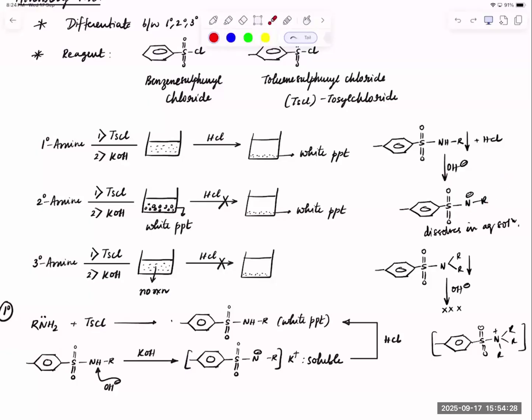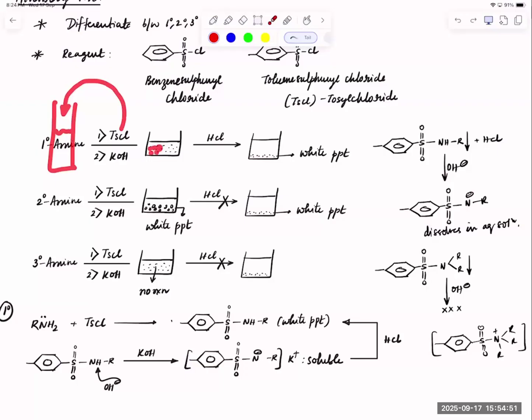And if you take this dissolved form, if you take this dissolved form, again add it with acid, you will get back to this one. Again, you will get a precipitate, you will get white precipitate. So see the sequence of events, what we are trying to do. First, we have a colorless amine liquid in a test tube. Then we added tosyl chloride onto it. Okay.